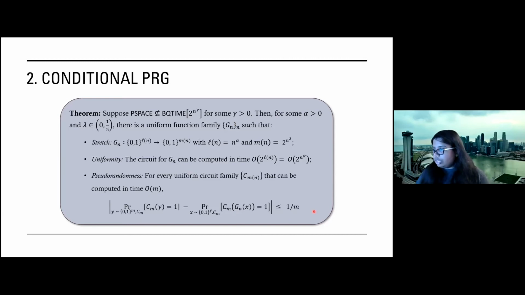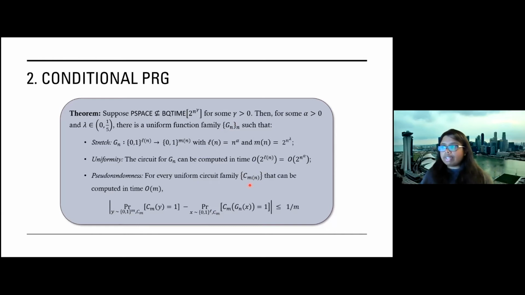So this large equation, all that it says is that given a random m-bit string and given the output of the generator, any circuit that is in C of m of n cannot distinguish between the two of them. So it cannot distinguish the output of the PRG from something that's truly random. So this is essentially what we get from the conditional PRG.